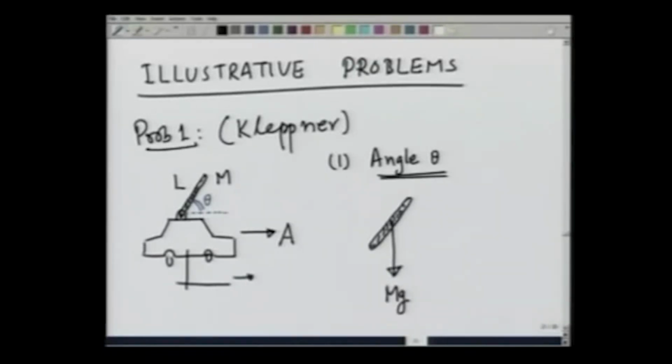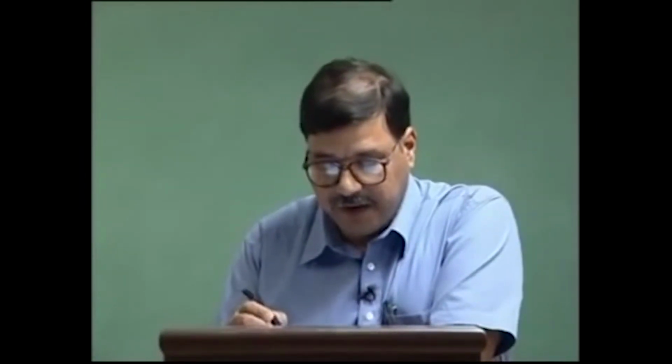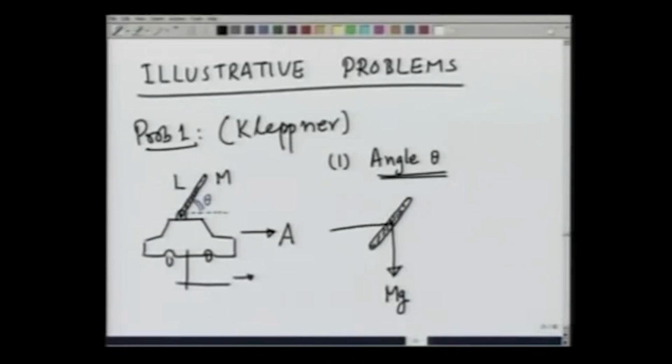And as I have already argued, I can think of the fictitious force ma like an effective gravitational force which works in the direction opposite to the acceleration of the frame, and it also acts on the center of gravity. So, it is under the influence of ma to the left, and there are normal reactions at the pivot. Let us call them n1 to the right and n2 vertically up. So, this rod is in equilibrium under these forces: minus ma, n1, n2 and mg.